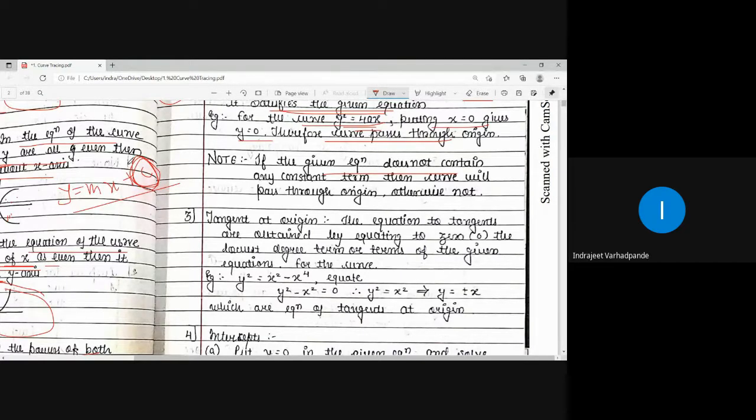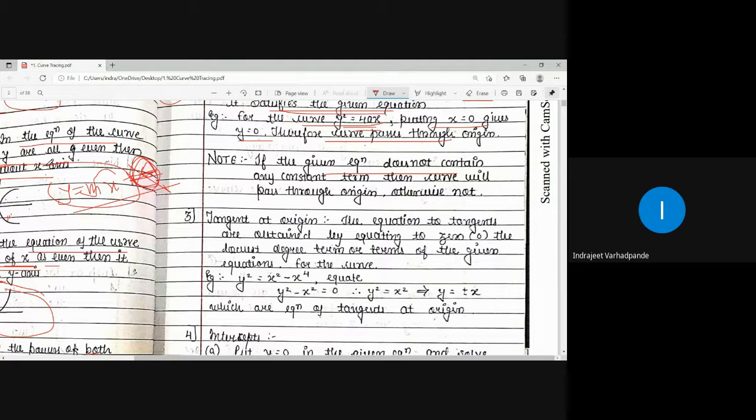But if I remove this c from the equation, it remains y is equal to mx, and we are all aware that the equation y is equal to mx represents a line which passes through origin. So another way of determining whether the given curve passes through origin or not is, first thing you need to check whether any constant exists in the given equation.